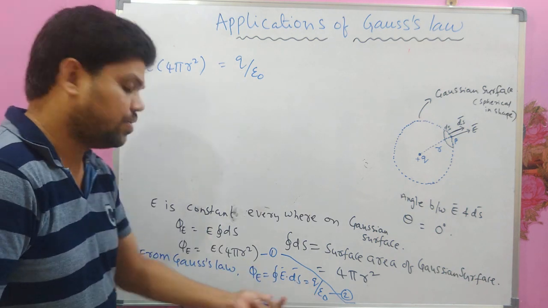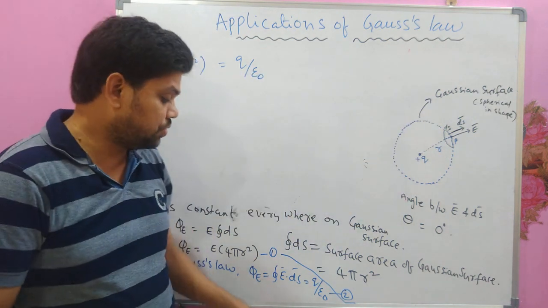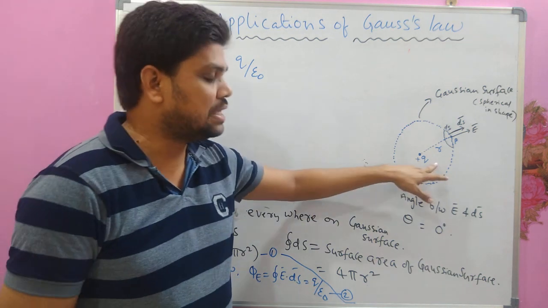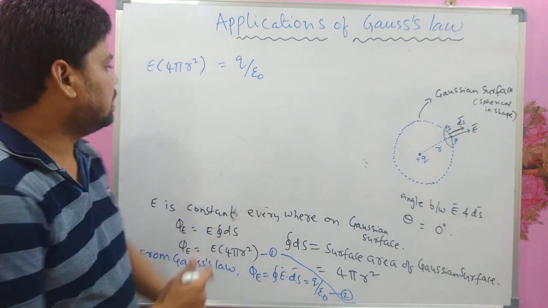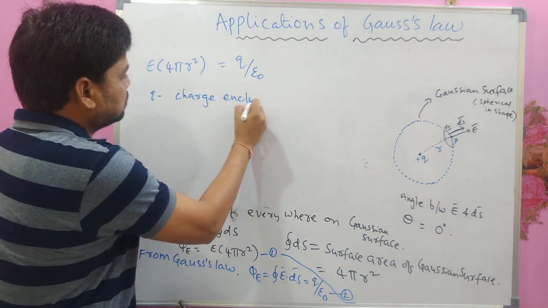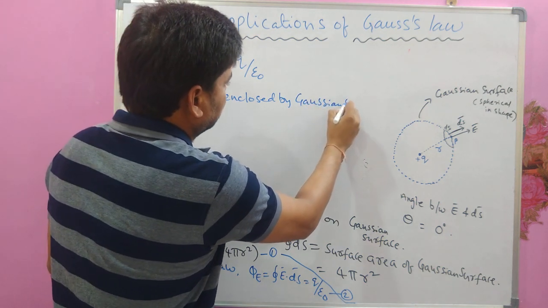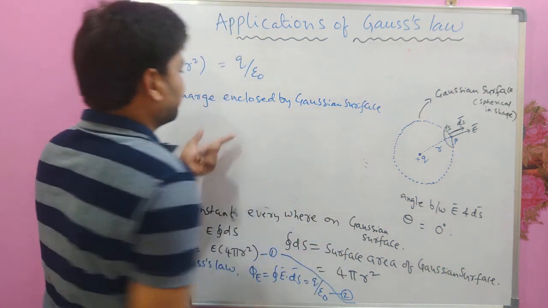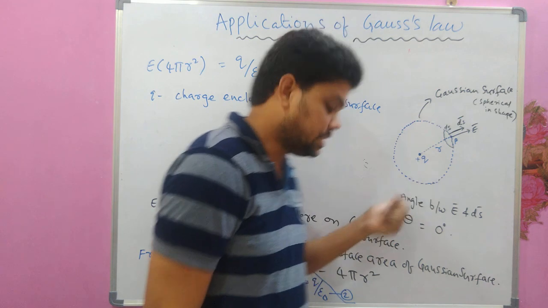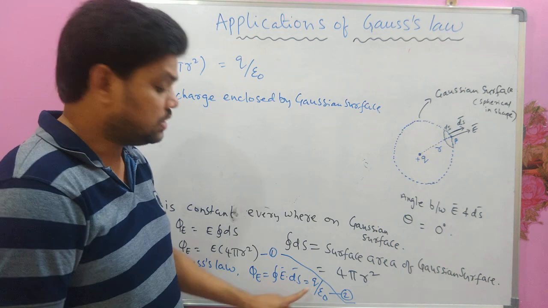We are using Gauss law now. What is Gauss law? The total electric flux passing through the closed surface is equal to 1 by epsilon naught times the charge enclosed by the surface. Here Q is the charge enclosed by the Gaussian surface. So that is the reason we can write the electric flux passing through this Gaussian surface as Q by epsilon naught.